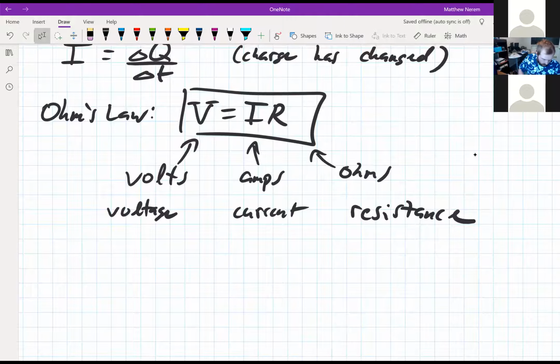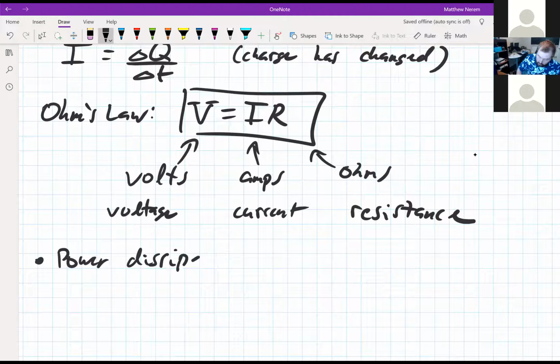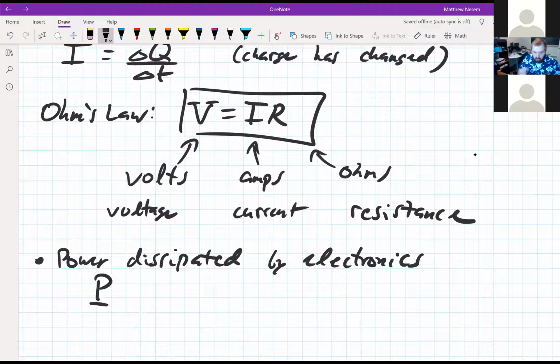Right. Related to that, we found power dissipated by electronics. So P is the power, the rate that you're burning off energy.